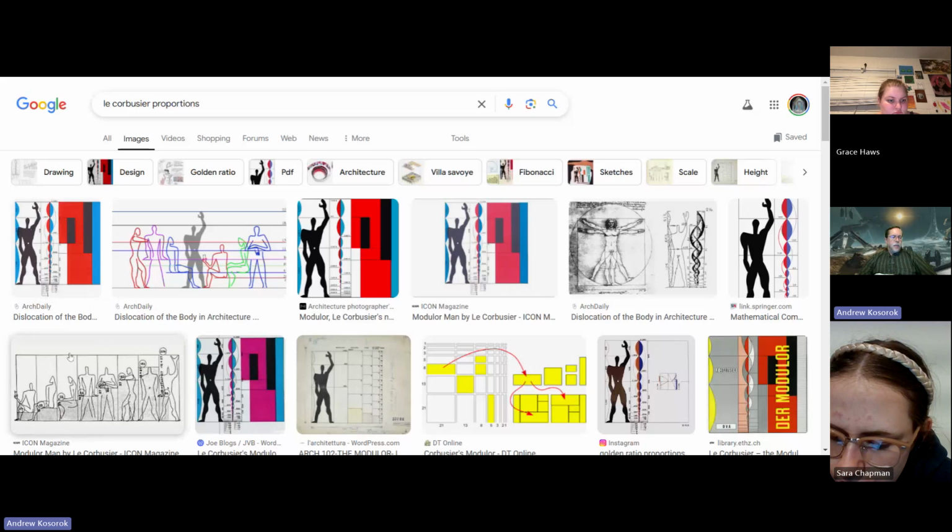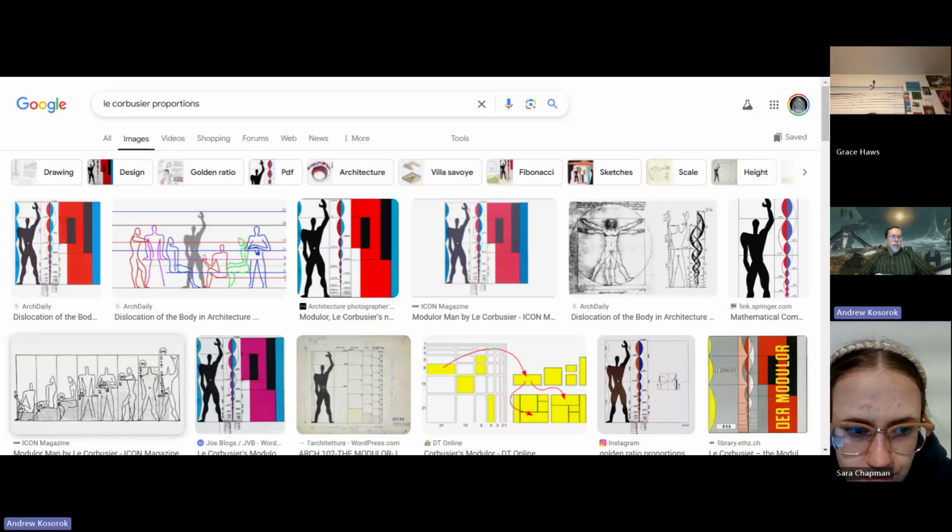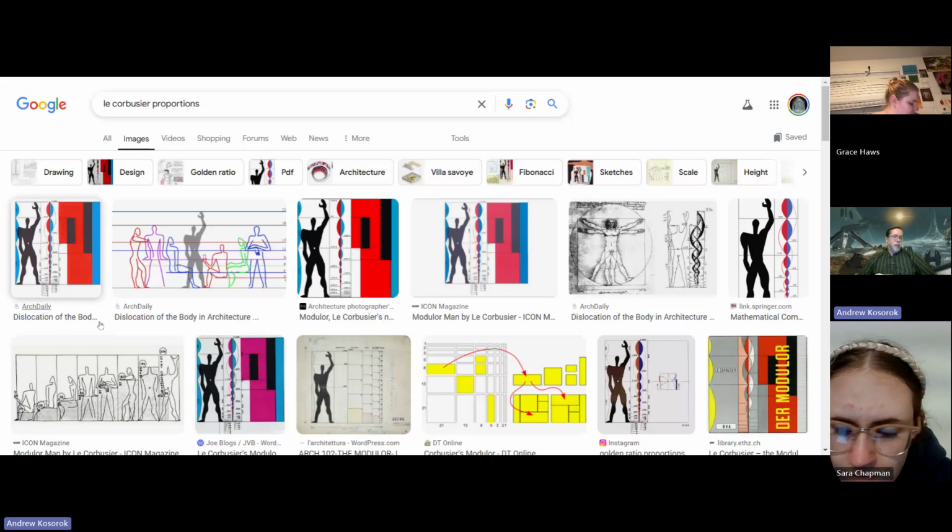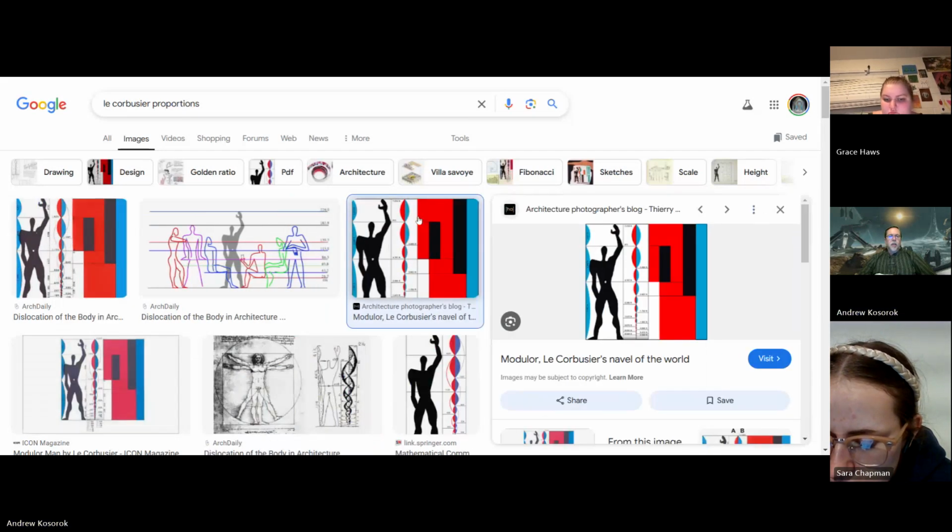So he would create this body art, and these were specifically designed as stand-ins for human form. He would find out basically the size of the people that would be using what he was going to design, and he would create these geometric diagrams, and he would use this as the foundational measurements for everything about the home and the furniture.